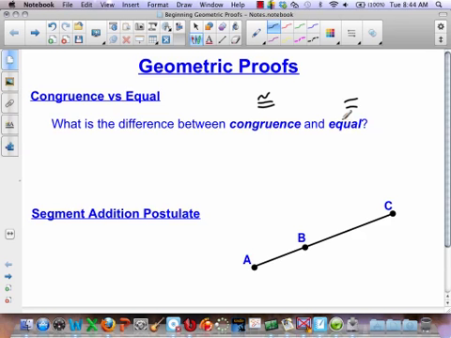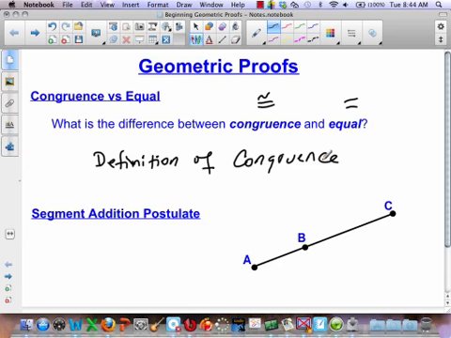So what we do is we transfer those properties of congruence to equals. And anytime we switch, make this a big note in your notes. Anytime we switch from congruence to equals, we call that the definition of congruence.